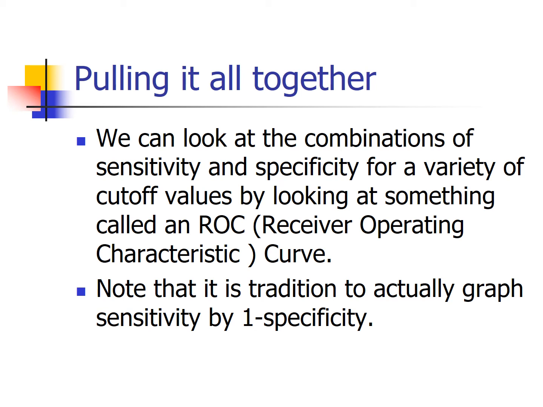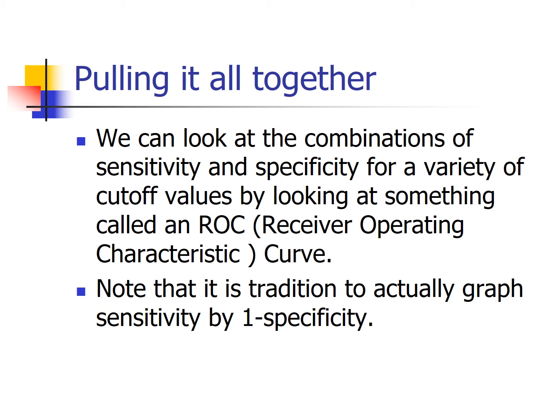That is, we can put together a plot of sensitivity and specificity for different classification thresholds. This is referred to as an ROC curve, which stands for the technical term receiver operating characteristic curve.